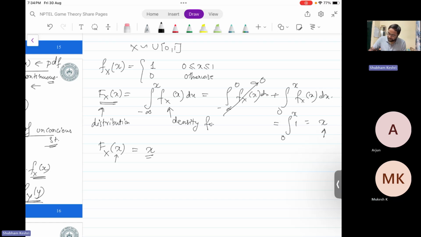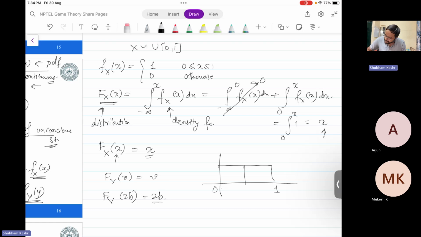For example, our valuation: when I say f v of small v, what is its value? It is v. When I say f v of 2b in the example in the class, it becomes 2b. So when this is uniformly distributed between 0, 1 and this is 2b, the distribution is given by 2b, the length of the interval.